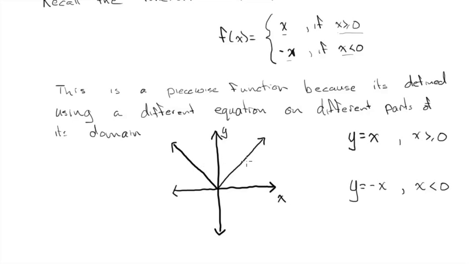So these two pieces, these two curves, over their given portions of the domain, combine to make one function, f at x equals absolute value x. This is what we mean by a piecewise function. It has two different equations, or two different pieces, but is combined to make one function.